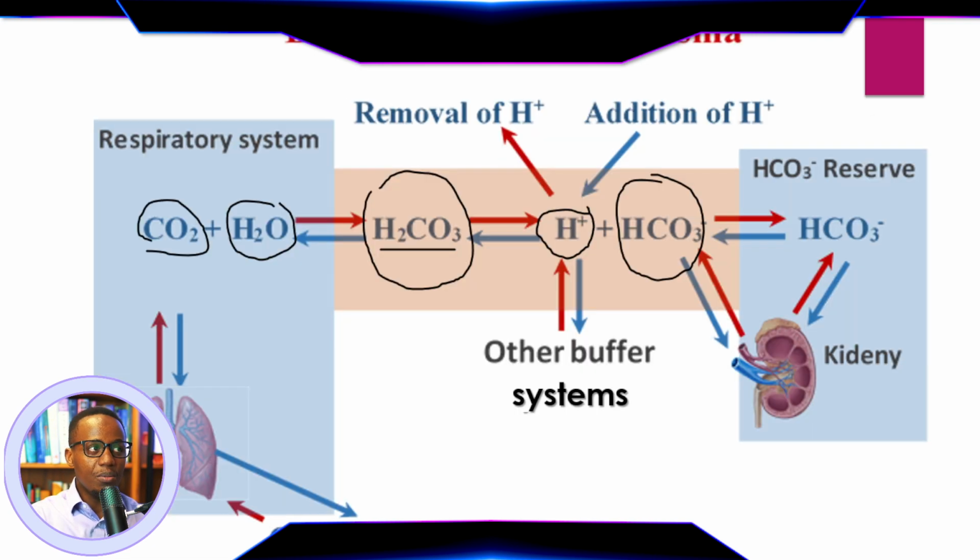Now, again, going back to the bigger picture, there are three things involved that we need to remember. We have the lungs, we have the blood, and then we have the kidneys, right? So as you can see, HCO3 negative, if you have too much of it, we can get rid of it through the kidneys, and we'll talk about that in a minute.